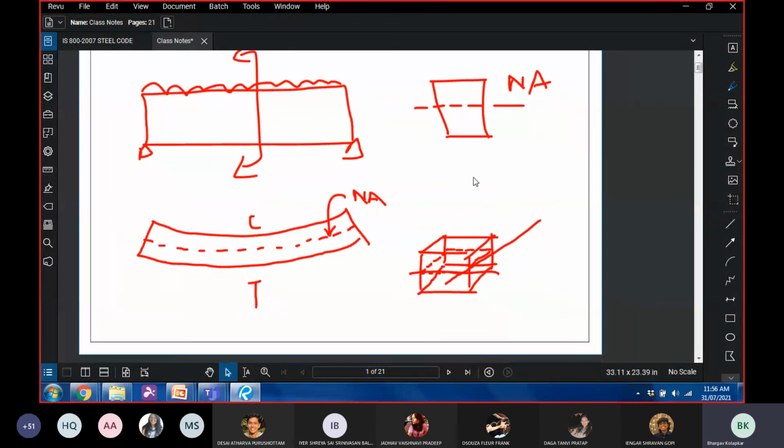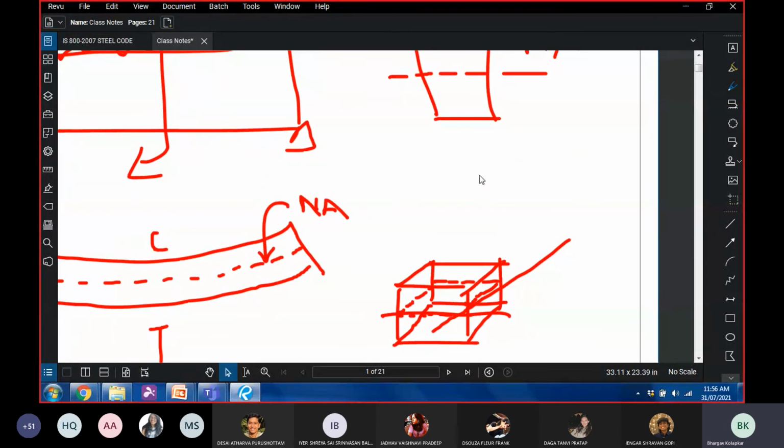It doesn't, because normally in columns we always provide steel along all the faces.